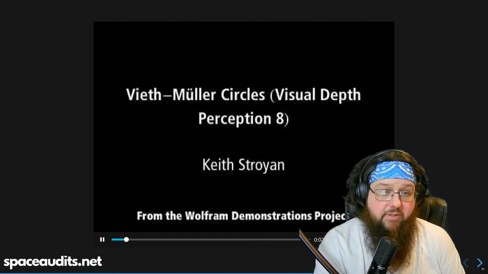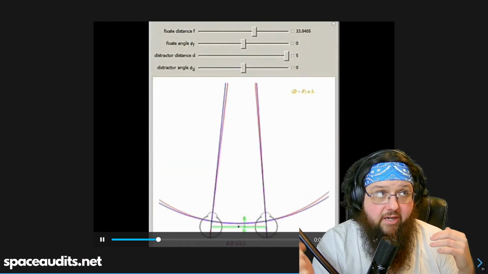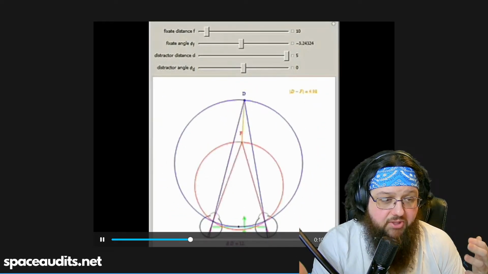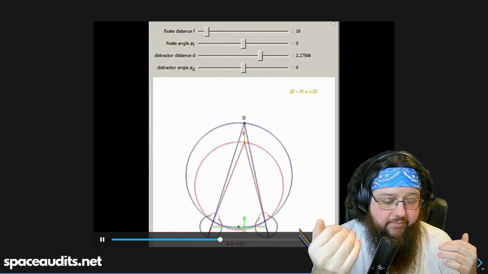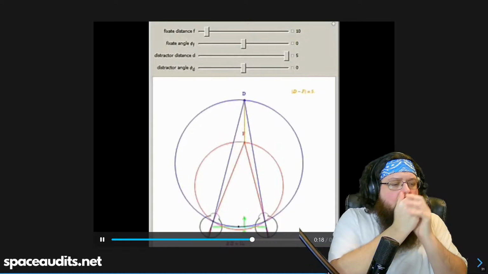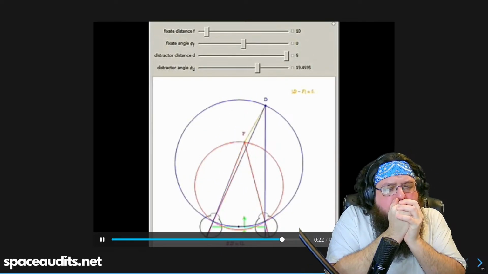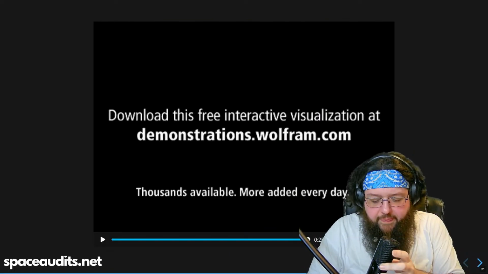All right. So we'll get a little interactive diagram of the Vieth-Mueller circle and how that curved visual space, how that compression rate changes relative to where you're focusing. Are those eyeballs, those little circles at the bottom? Essentially, yeah.